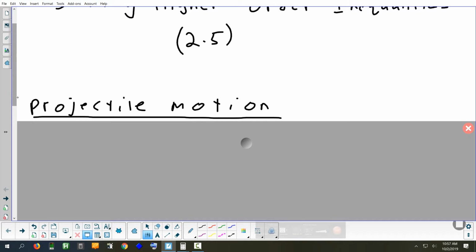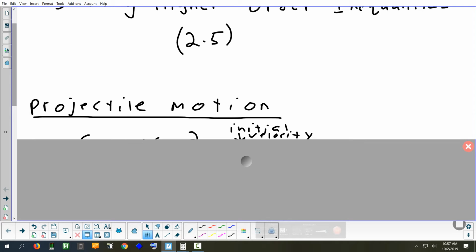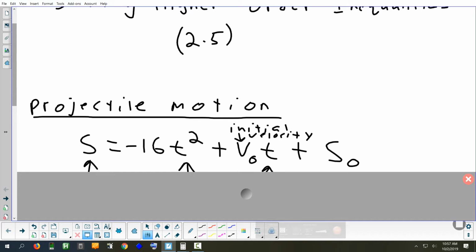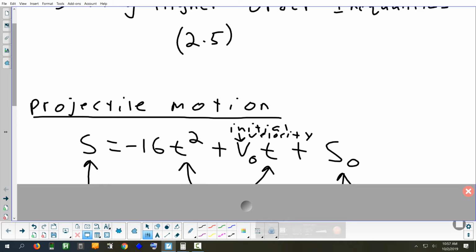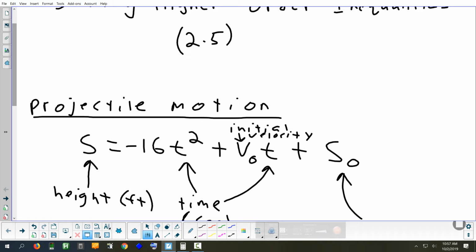All right, so we're going to look at a projectile motion problem. We've done this before, but I'm going to put the formula up again just to remind you. For projectile motion, this is a formula that gives you the height of your object after a certain amount of time has gone by.